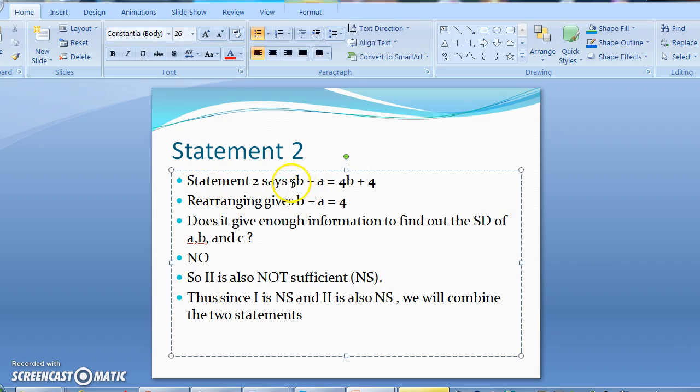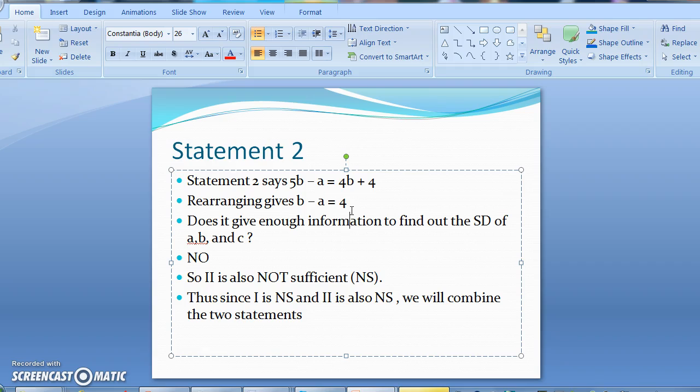Statement 2 says 5b minus a equal to 4b plus 4. Alright, let's rearrange that. Rearranging gives 4b comes this side, so 5b minus 4b is going to become b, minus a, we're going to leave it over here, equal to 4. So again we find that the difference between b and a is 4.